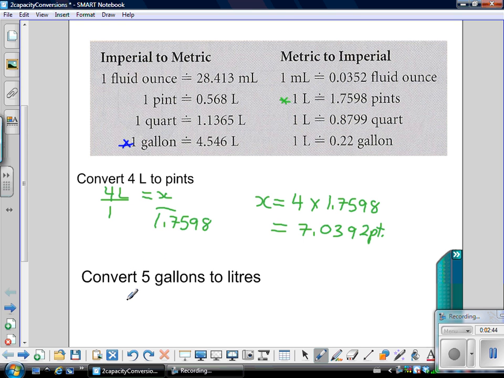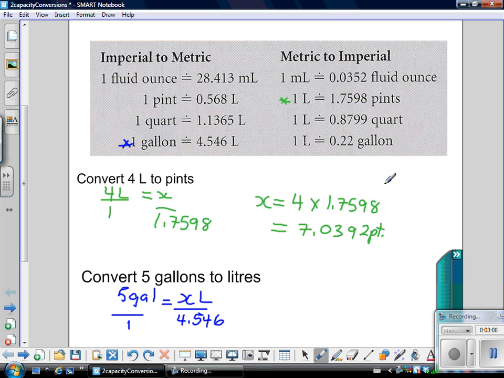So again, what we're going to do, so we have 5 gallons, GAL is the short form for gallons, and we want to find the number of liters. When we do this, we end up with 1 gallon equals 4.546.